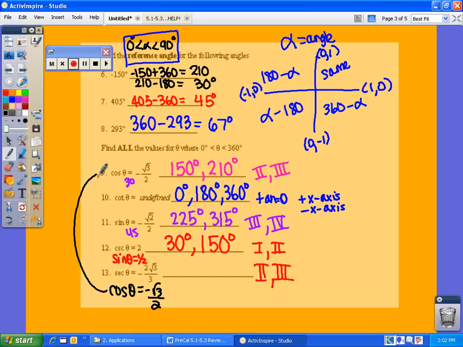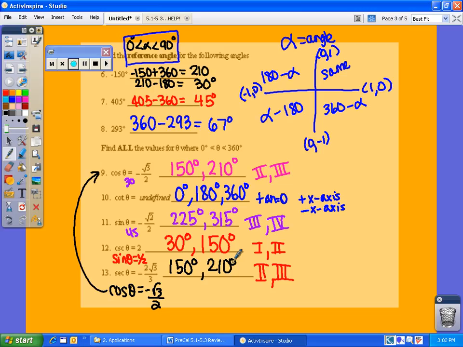It winds up being the same answer as number 9. Second and third quadrant, square root of 3 over 2. That only occurs at 30, 150, 210, and 330. But since it's negative, I only want the two that have reference angles of 30 in the second and third quadrant. So that will be, again, 150 and 210.